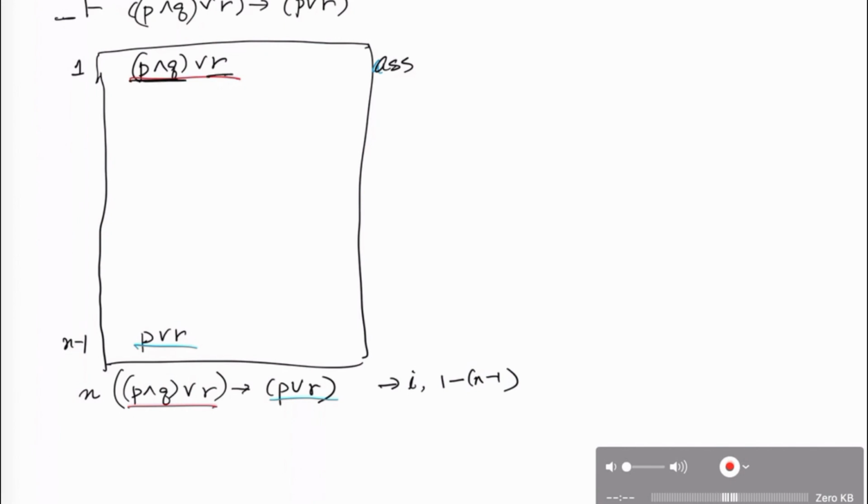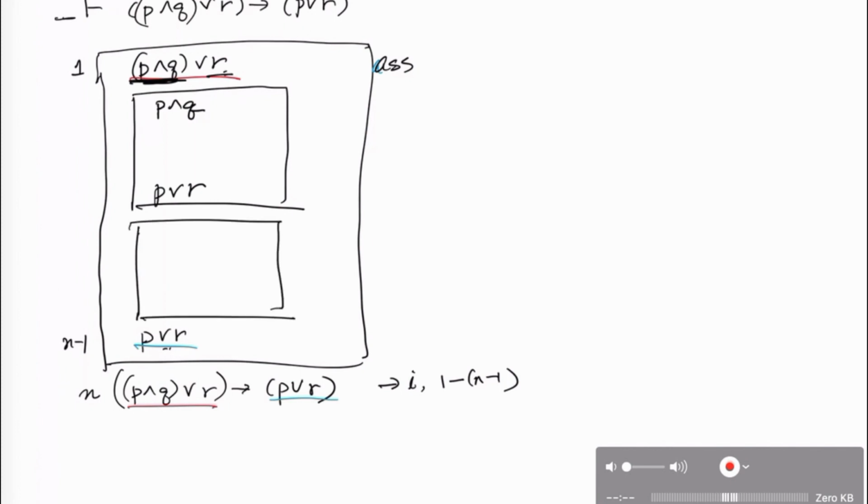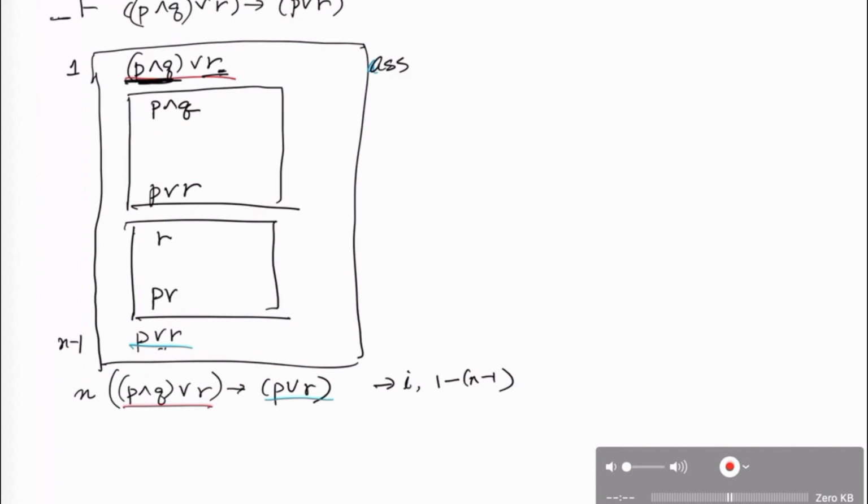We have two cases: P and Q as case 1, and case 2 is R. If you can derive this conclusion P or R from each of these cases, then the proof is done. That's our proof strategy, which means that case 1 assumption is P and Q, and we try to derive P or R as our first box. The next one is the same thing: case 2 assumption R, and try to derive P or R.